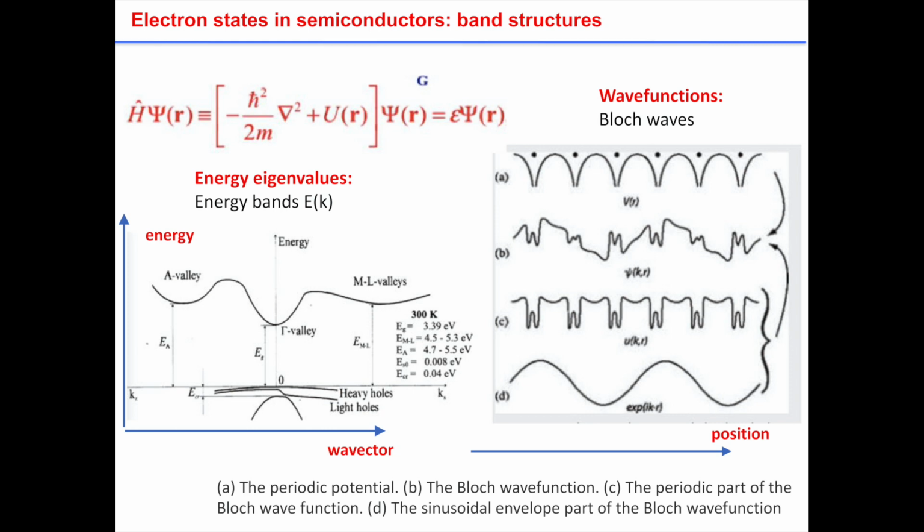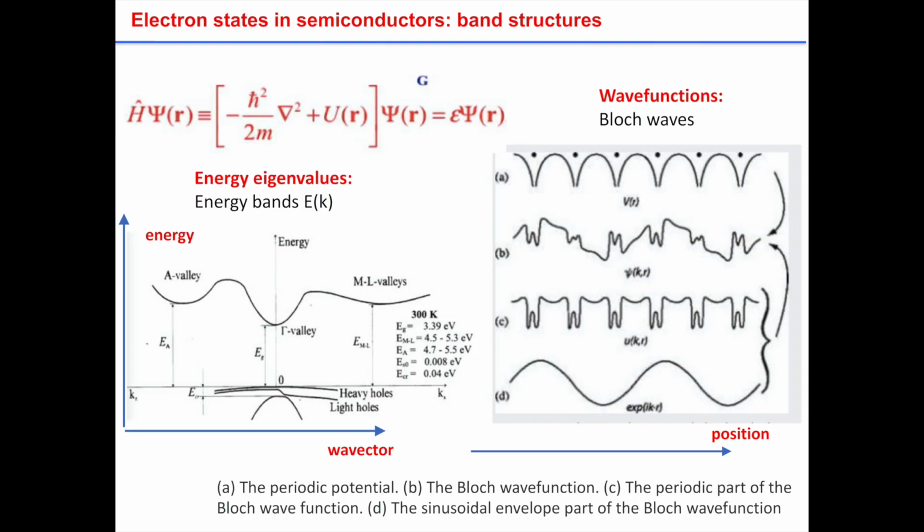And this is because the solution of the Schrödinger equation for the electron motion is a delocalized wave, it's a Bloch wave. The electrons feel somewhat the periodic potential, but at the same time they move freely like a plane wave, and their true wave function is just the product of a plane wave and a localized wave function, and this is called a Bloch wave.